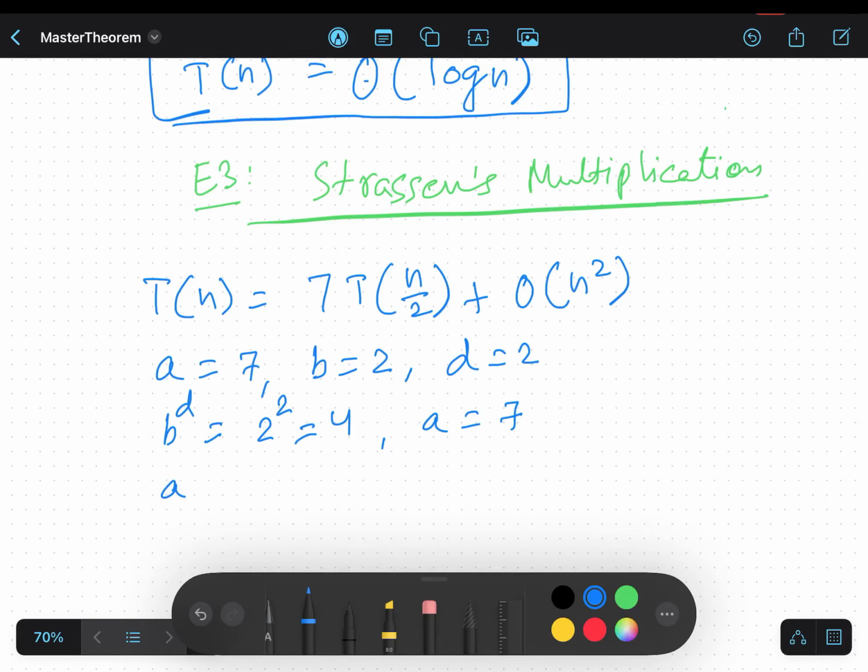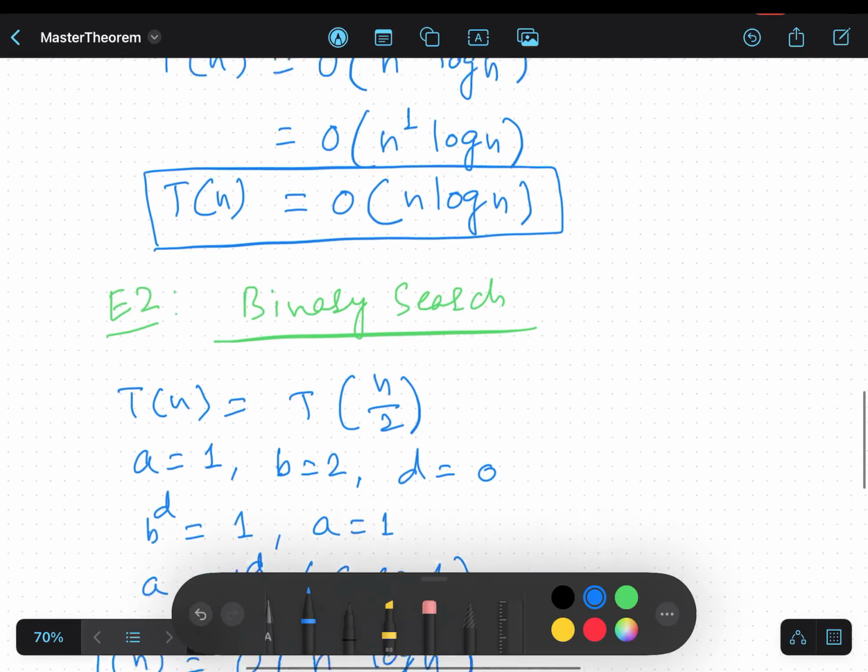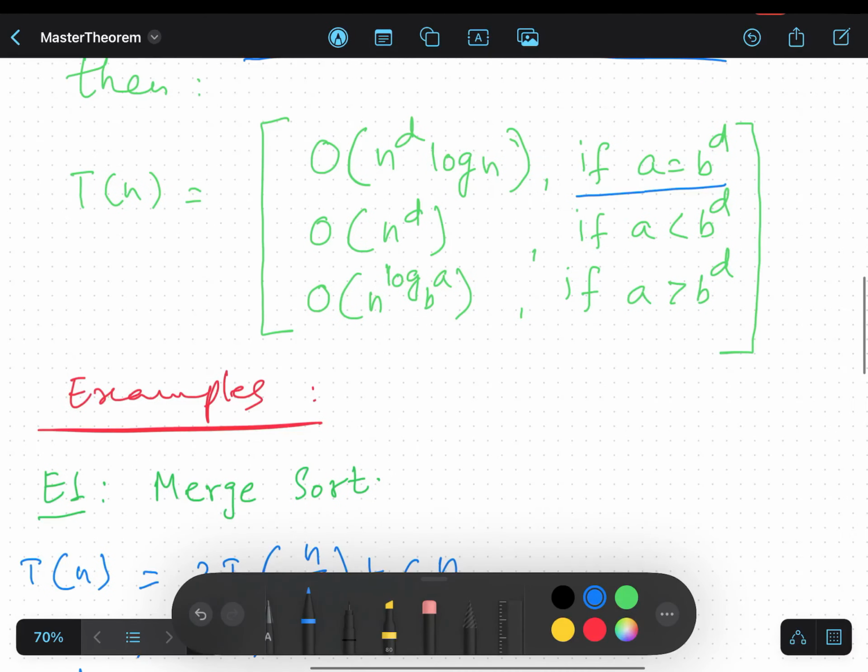That means A is greater than B raised to the power D. What case is this? A is greater than B raised to the power D. This is case 3. Okay.